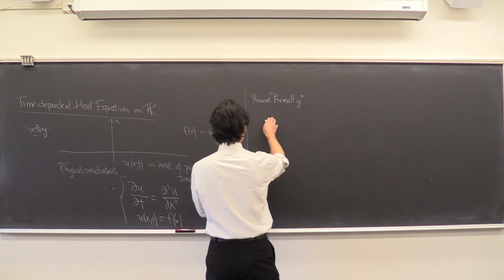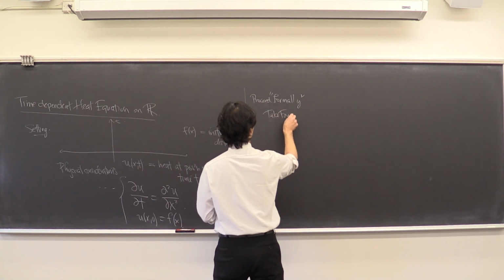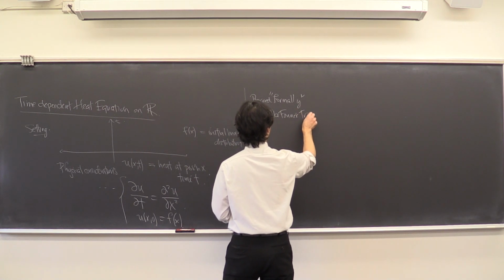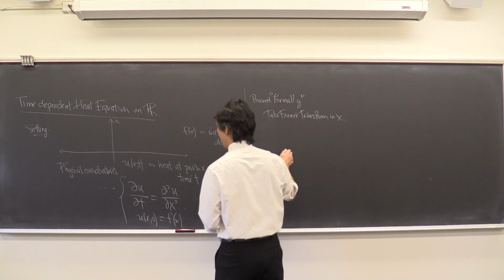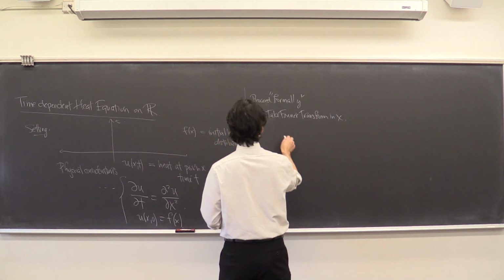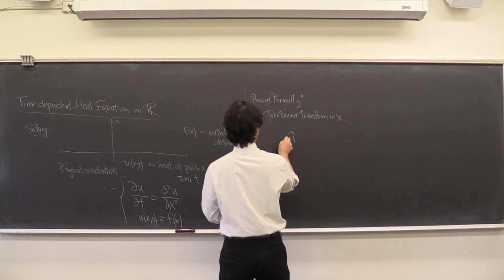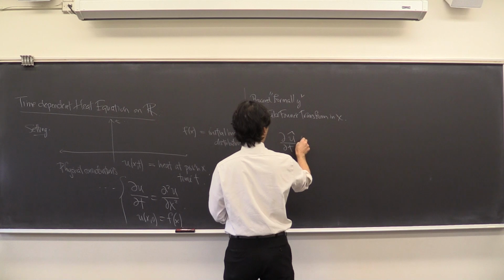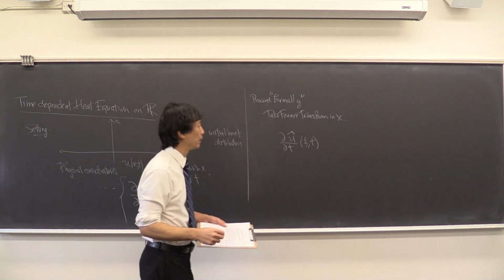So we take the Fourier transform in x. On the left-hand side, we're just taking the Fourier transform in x, so we end up with this.